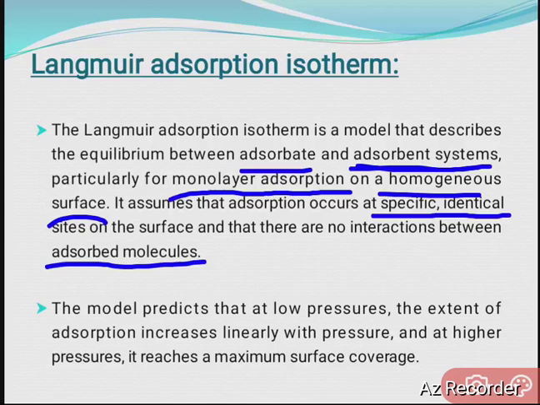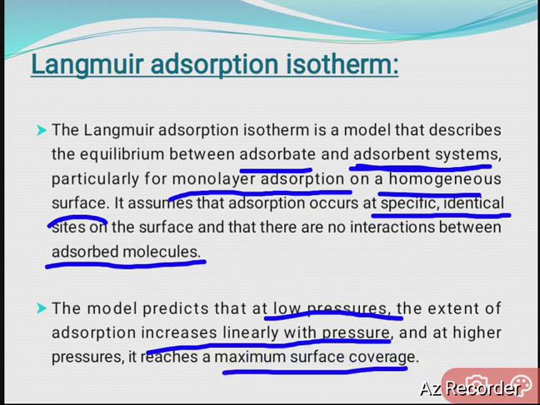The model predicts that at low pressures, the extent of adsorption increases linearly with the pressure, and at high pressure it reaches a maximum surface coverage. What happens at low pressure?